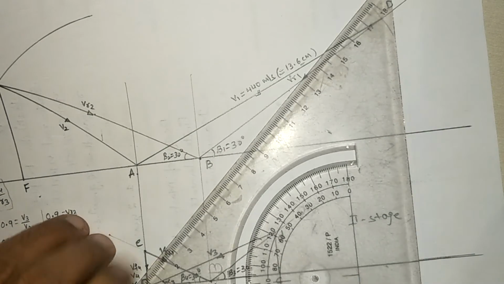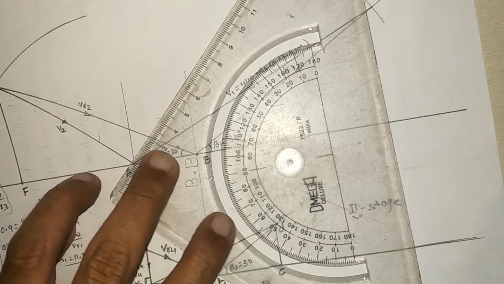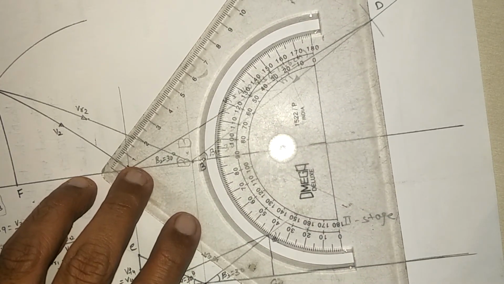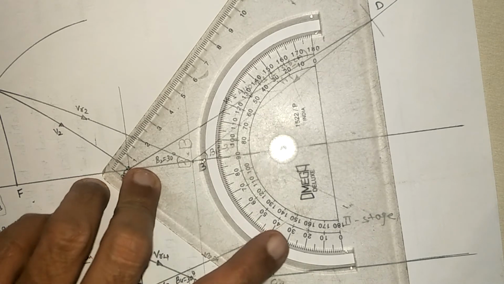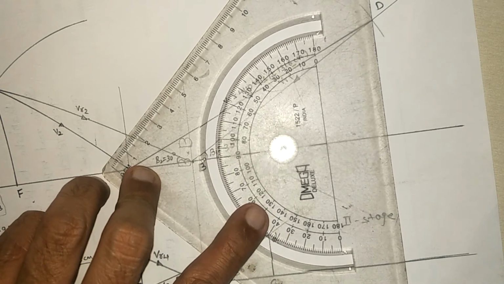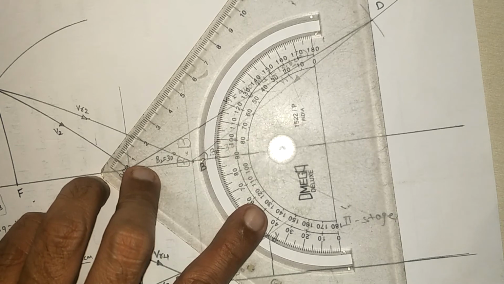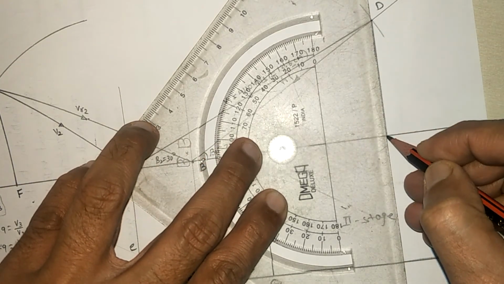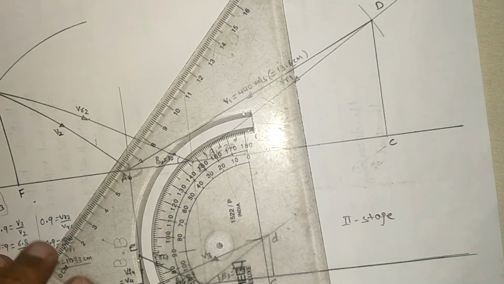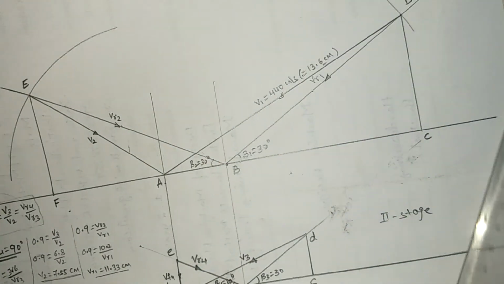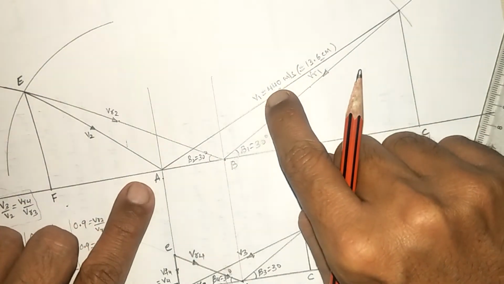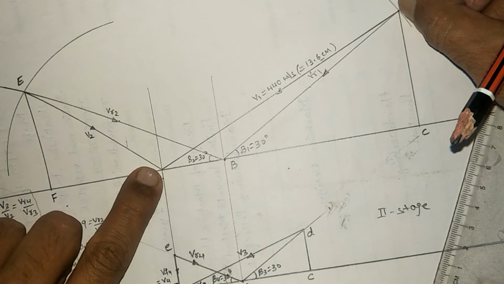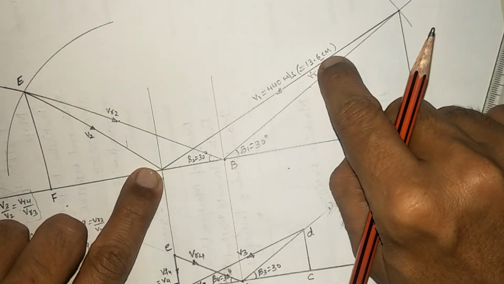Now we are going to choose the scale. Before that you have to draw one more line, that is VF1. Draw a vertical line from point D, and you will get point C. So this completes the velocity triangle, and for V1 of 440 meters per second we have obtained the length of AD as 13.6 centimeters.